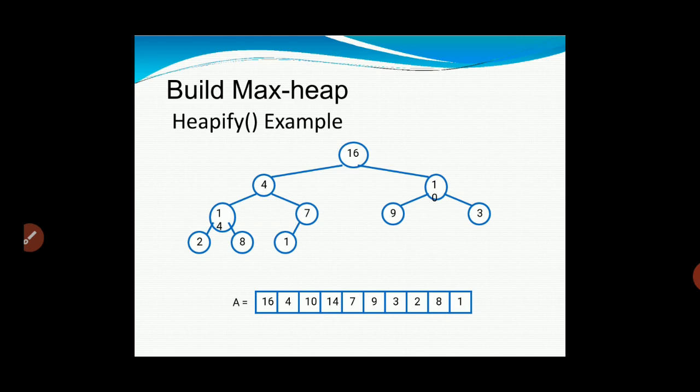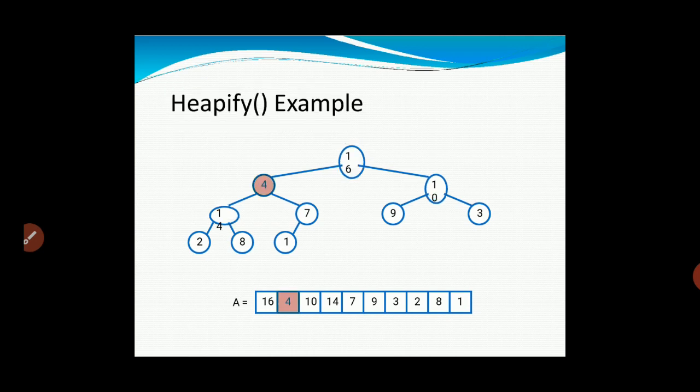In a max heap we know the parent is always greater than its children, but here we have a problem. Take the parent 4, the left child of 16. It is a parent node, but its children 14 and 7 are greater than it.